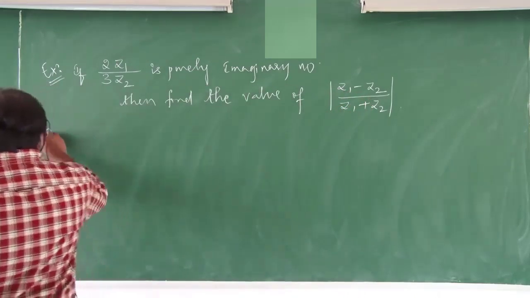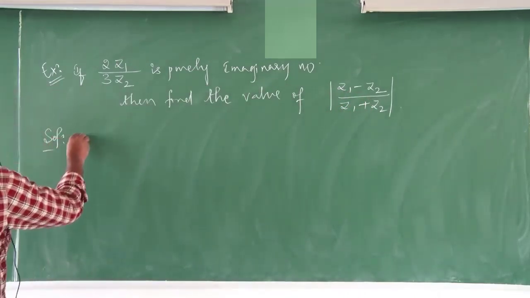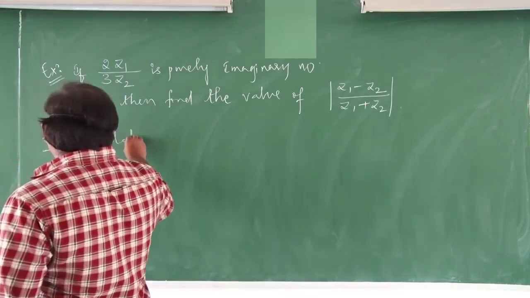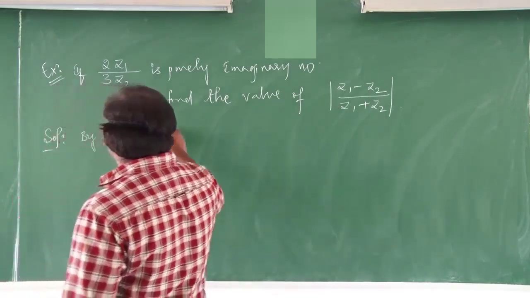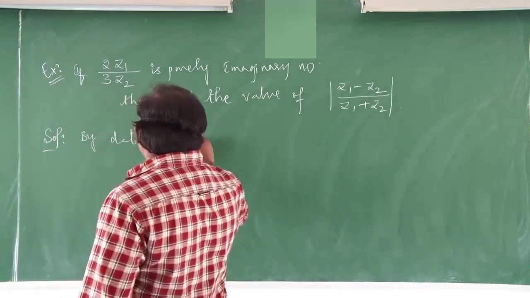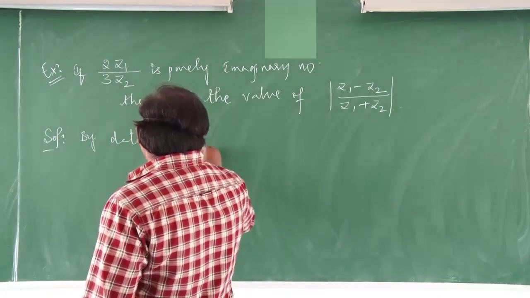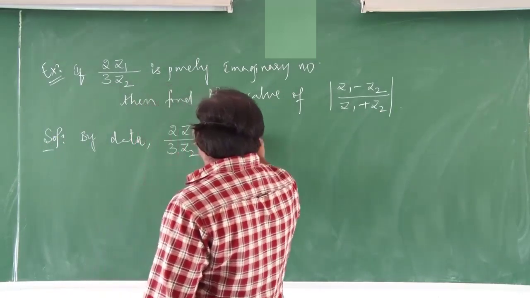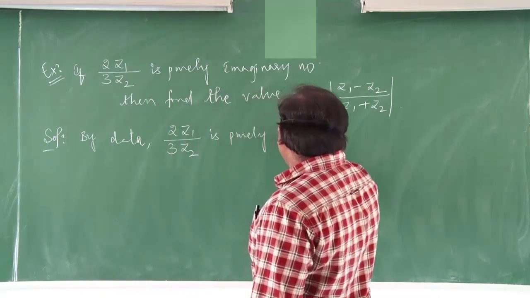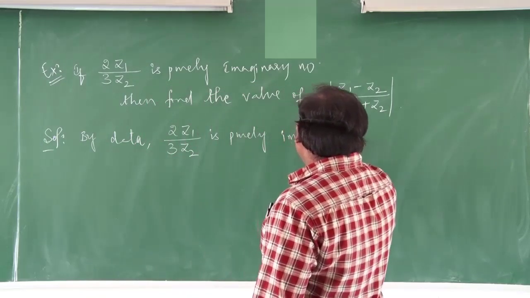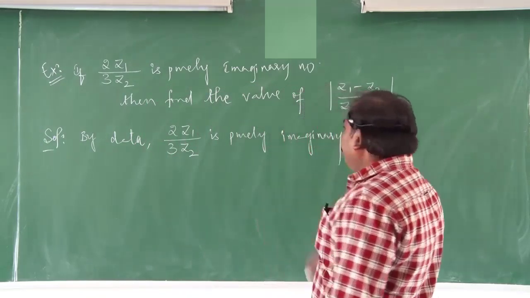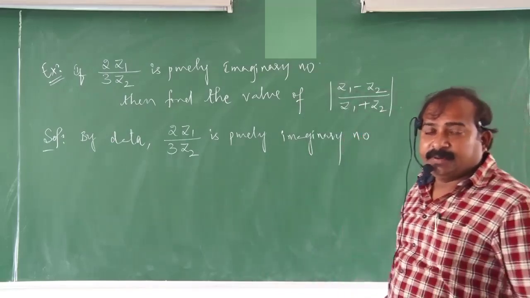Listen here. By data, they have given 2z1 by 3z2 is a purely imaginary number.